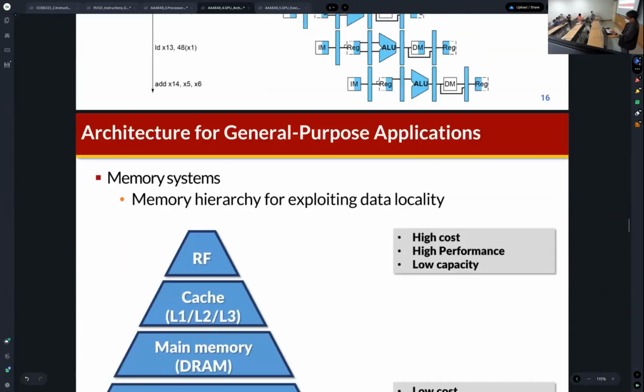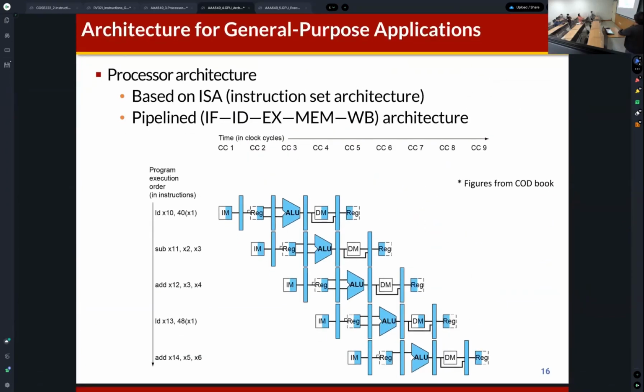Think of a general purpose application. How are these general purpose instructions executed in a general purpose processor? The general purpose processor is the CPU, right? So the CPU can execute any type of application. Which steps are required to execute the instructions? We require 5 steps: instruction fetch, ID, execution, memory, write back. We learn these 5 steps in the undergraduate computer architecture course.